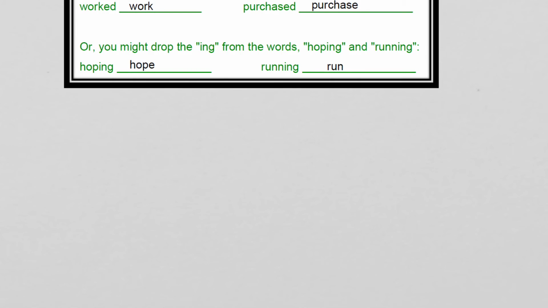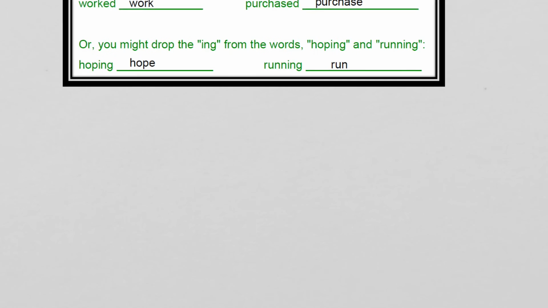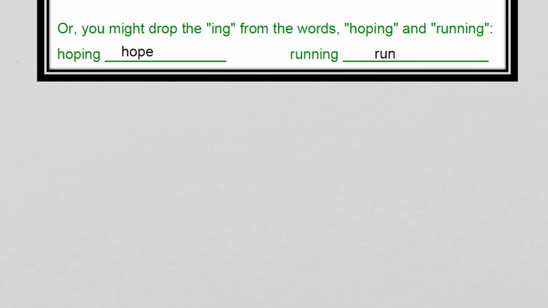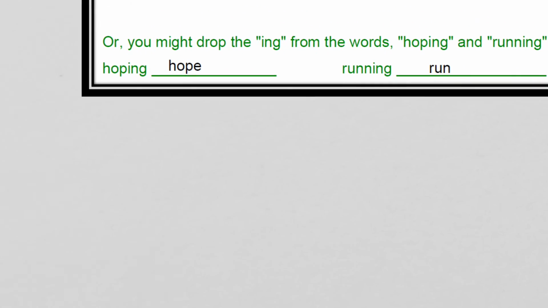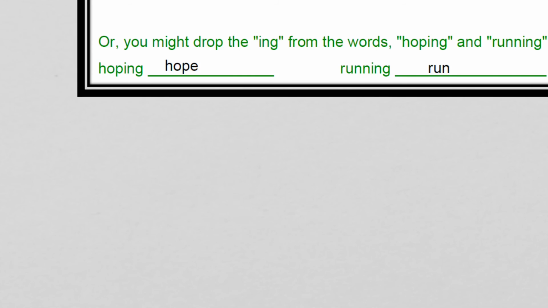You might also drop the ing from the words too, right? So maybe you start off with hoping and running. So hoping, you'd end up with hope, H-O-P-E. Or running, you would end up with run, R-U-N.